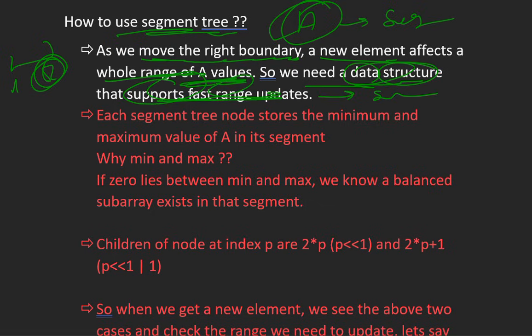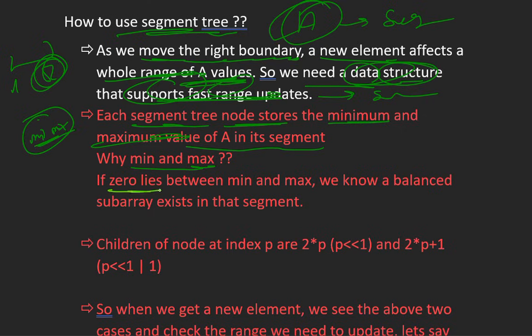That's why we have taken a segment tree. Each segment tree node stores the minimum and maximum value of a in its segment. Why are we storing minimum and maximum? Suppose this is a segment tree node, so it will store the minimum and maximum value in the range.